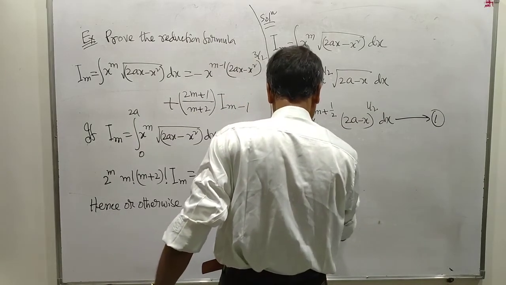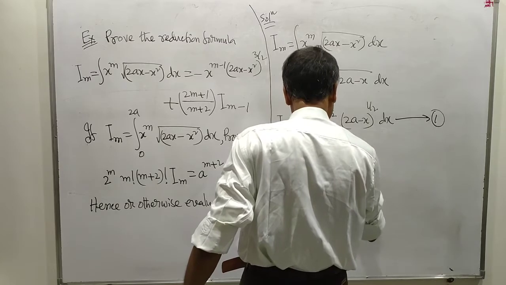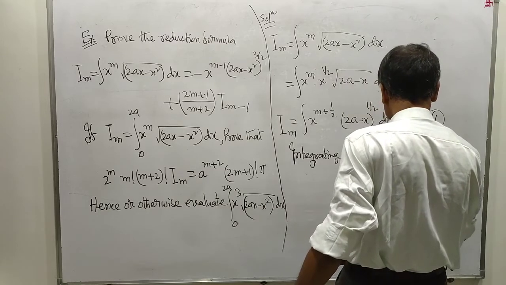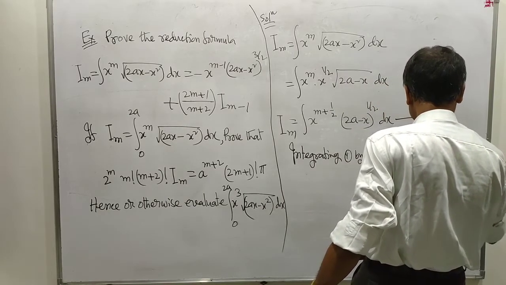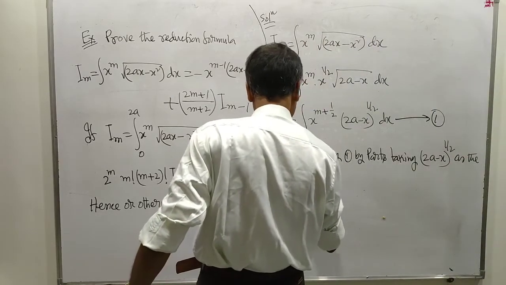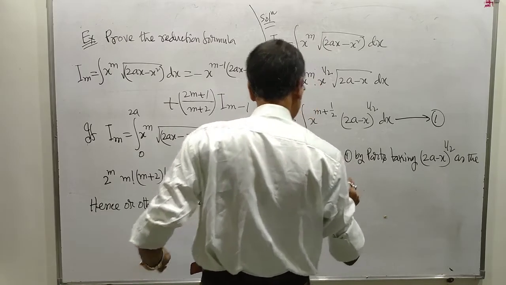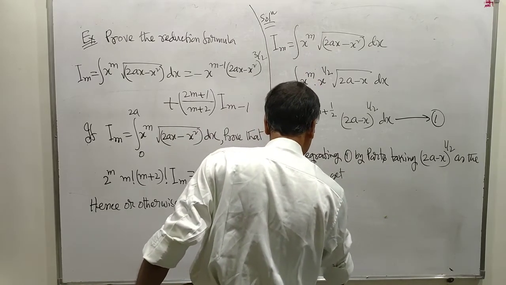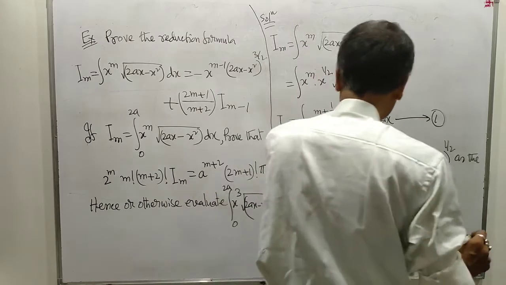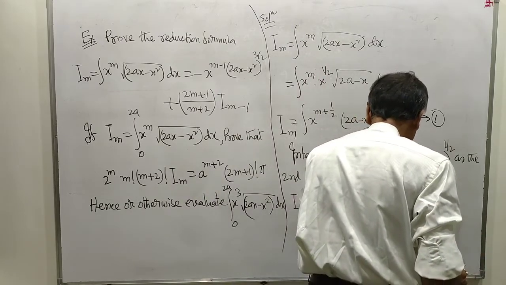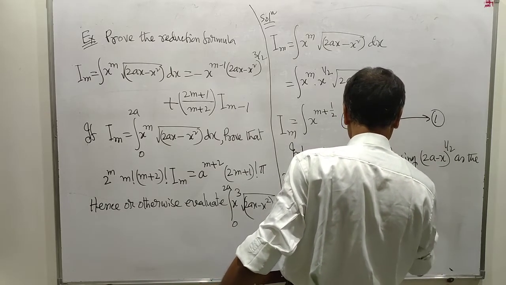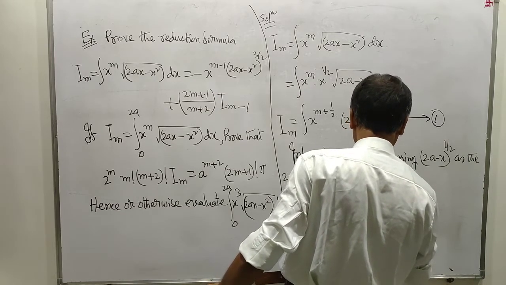I_m is equal to, first function is x to the power m plus half, into the integration of the second function, minus twice a minus x whole to the power 3 by 2 divided by 3 by 2.